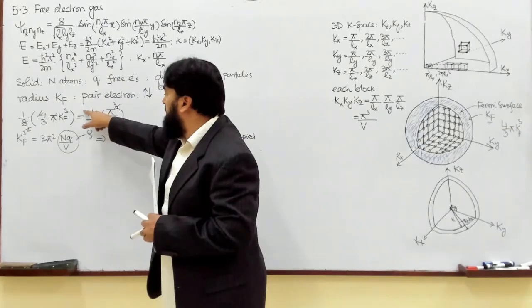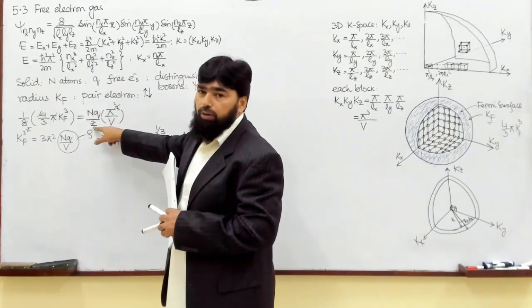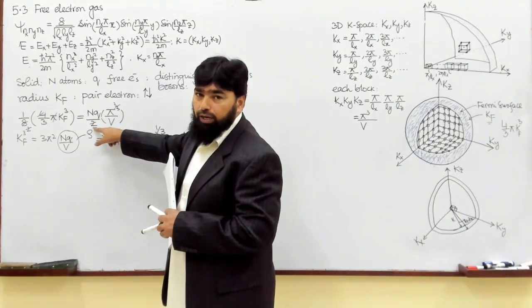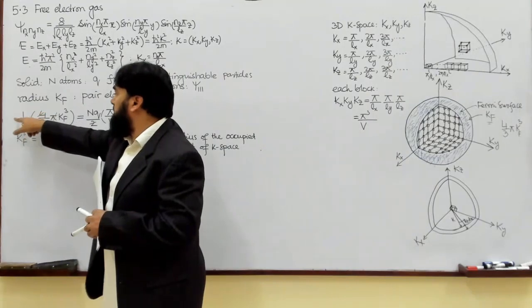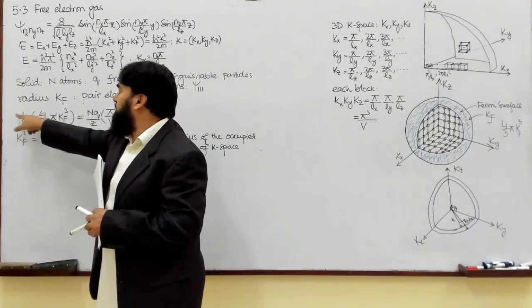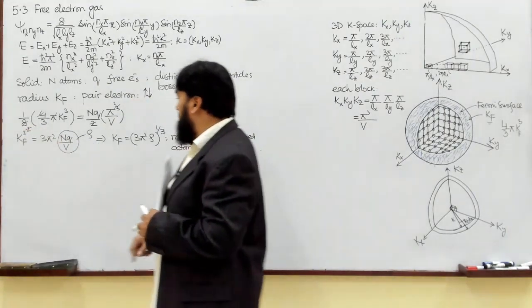So this is the number of total electrons divided by 2. So I will calculate for a block here. And this is the space occupied by each electron, which is an octant, 1 over 8.